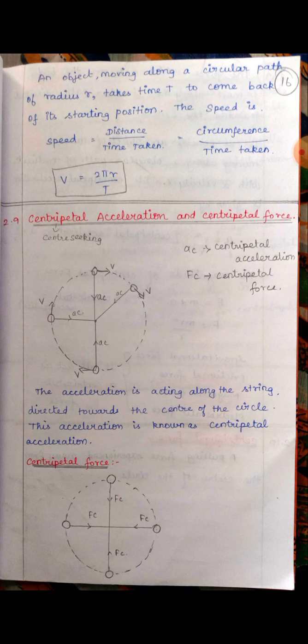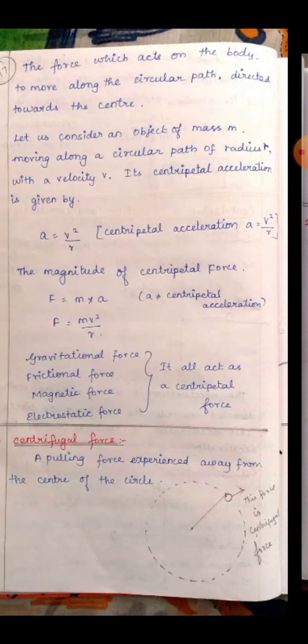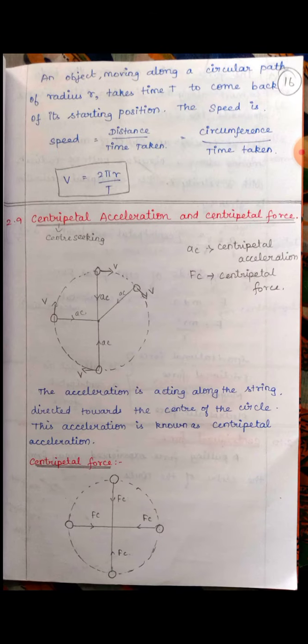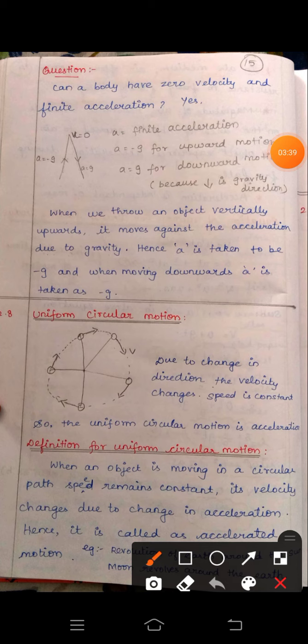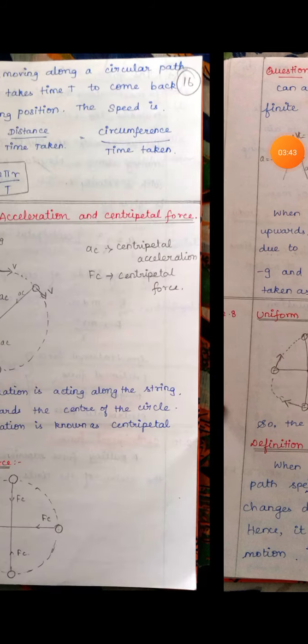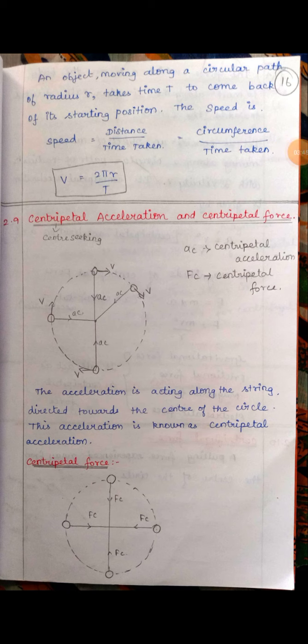Here we are taking the distance as the circumference. What is the circumference formula? 2 pi r. The time taken is t. So here v is equal to 2 pi r by t.